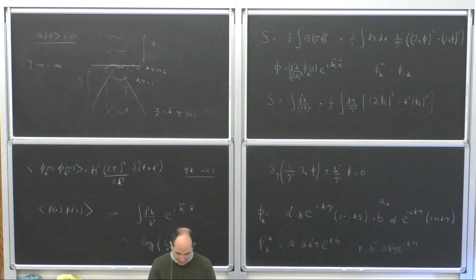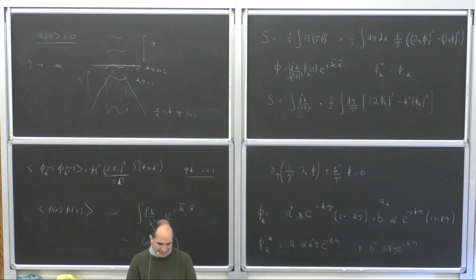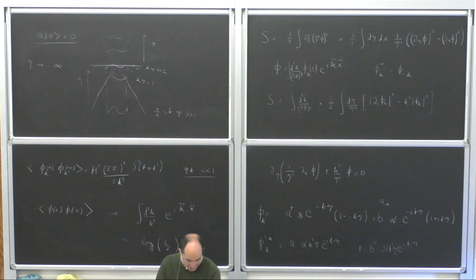Exactly what we should do with this divergence depends on the context. If we really had a massless scalar field in de Sitter, we really have this infrared divergence, and well, that's too bad. If we had a massive case, then we wouldn't have this divergence.